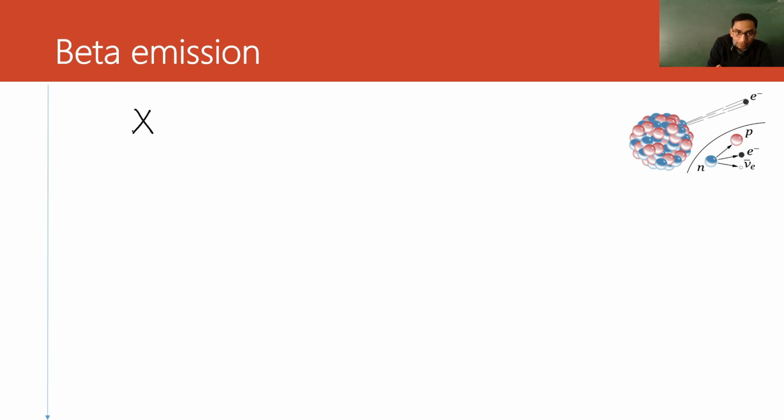Suppose we have X with Z and A, and it releases a beta minus particle, which is an electron with negative charge at the bottom and mass almost 0. Now it is going to produce another element: Z plus 1 for the atomic number, and A minus 0, so it is A.